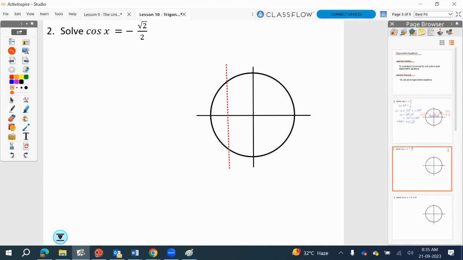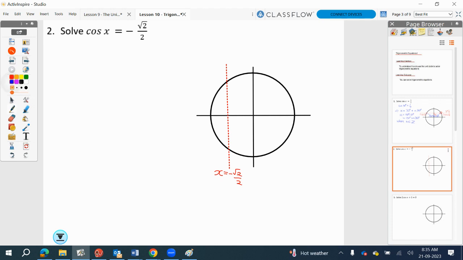What is the equation of this vertical red line I've just drawn? What is the equation of this vertical red line? Wait, Gustav. What is the equation of this vertical line I've drawn? Gustav, have a go. Minus root 2 over 2. That's not an equation. Oh, no, x equals minus root 2 over 2. That's an equation. That's the equation of this vertical line.